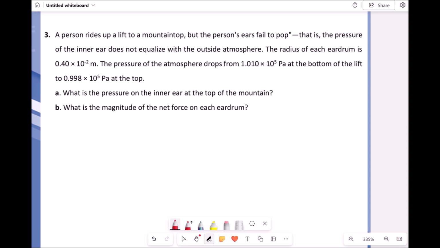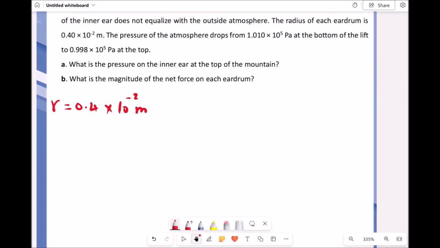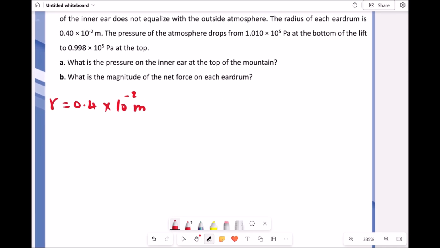Now, the pressure of the inner ear doesn't equalize with the outside atmosphere. The radius of each eardrum is 0.4 times 10 to the power of minus 2 meter. The pressure of the atmosphere drops from 1.010 times 10 to the power of 5 Pascal at the bottom of the lift to 0.999 times 10 to the power of 5 Pascal at the top.